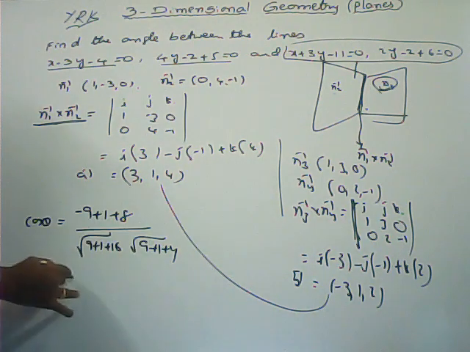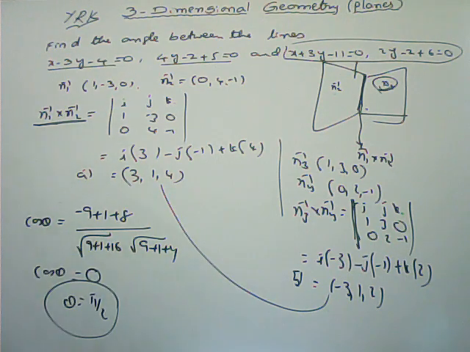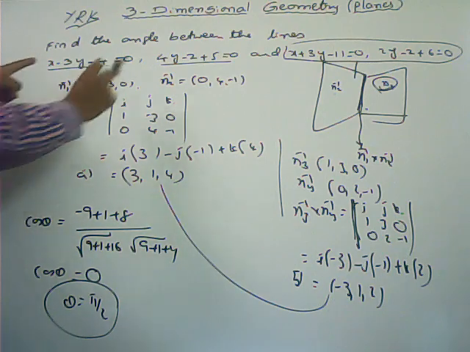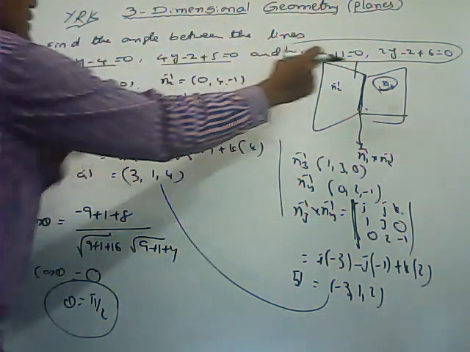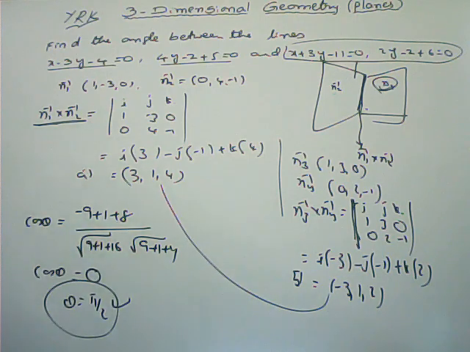How much are we getting? 0. Cos theta equals 0 means theta is 90 degrees. So both lines of intersection are perpendicular to each other. That's why we got theta equal to 90.